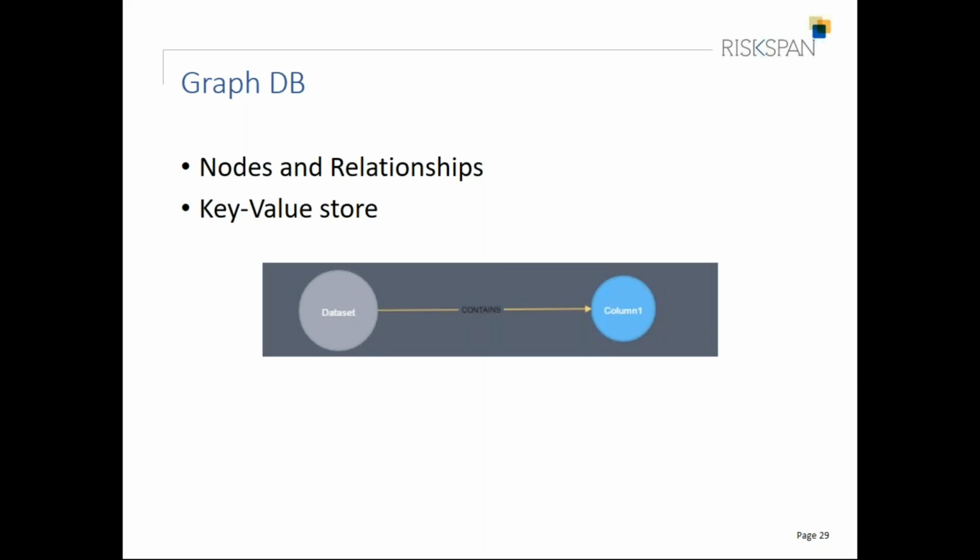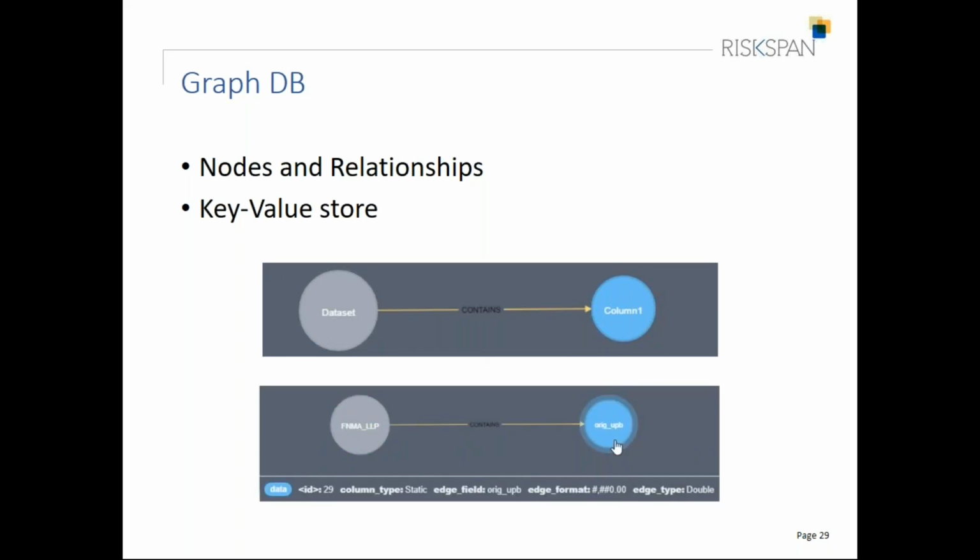So here's a very simple sort of schema where you have a gray data set node, a relationship labeled as contains, and then a blue node representing a column. And going into a little bit more detail, at the bottom of the second picture, if you highlight that column node, you can see information that we've stored about it, like the name, the format, and its type.